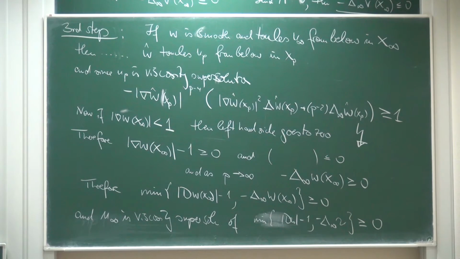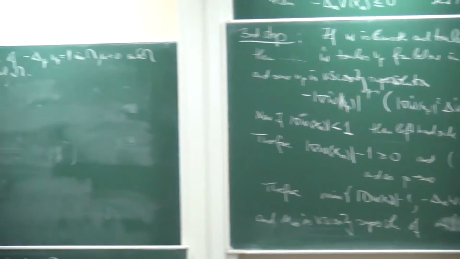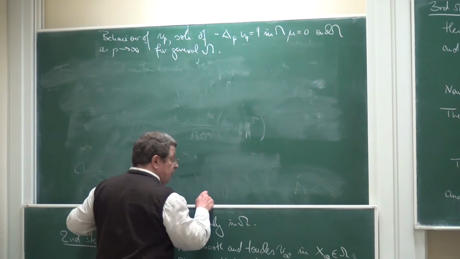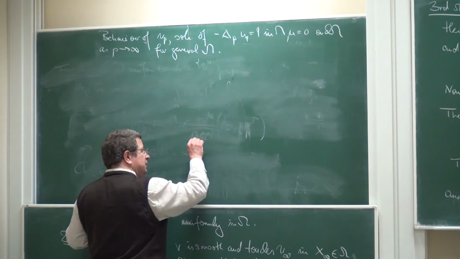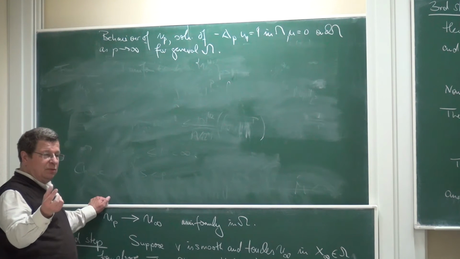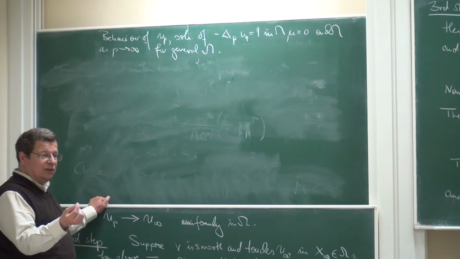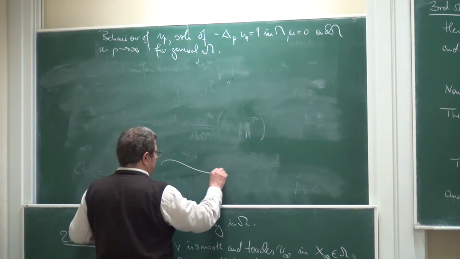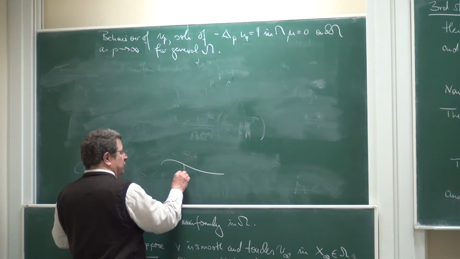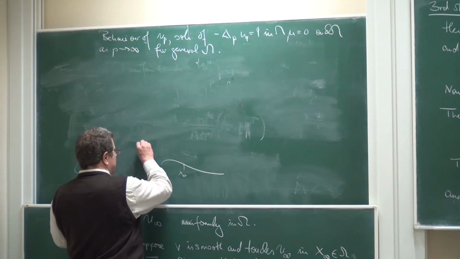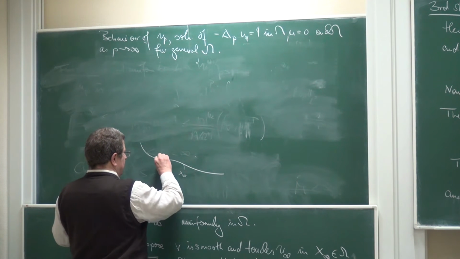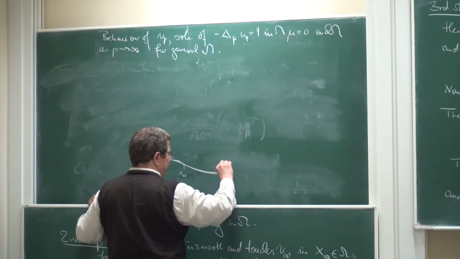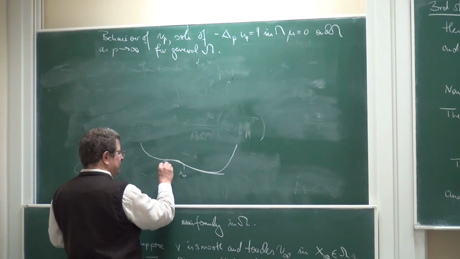Excuse me? What was the reason to add the parabola? I wanted to make sure that the points xp are close to x infinity. Because, suppose you have u infinity like this, and here's the point x infinity. And you have a function v that touches u from above on a large set.